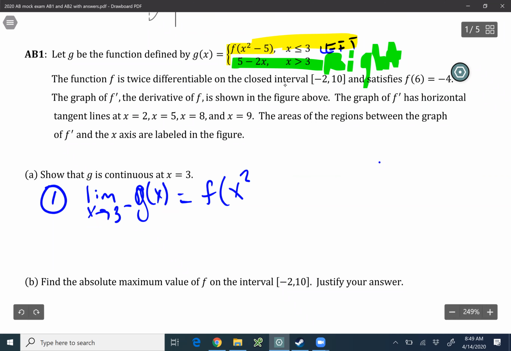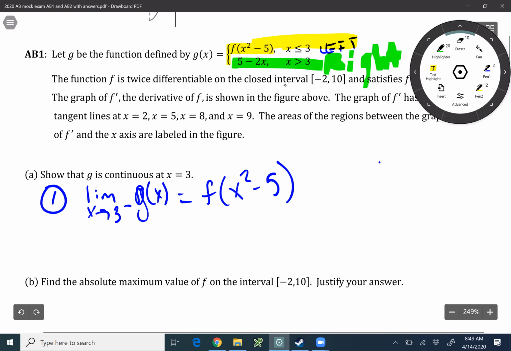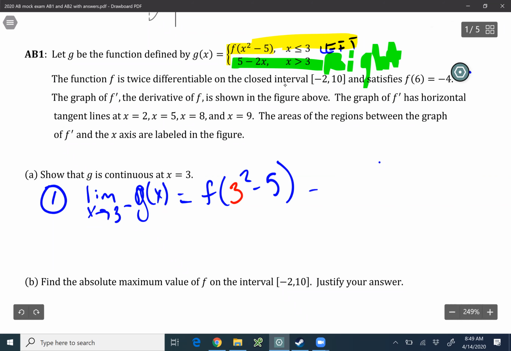So it's f of x squared minus 5, but because we're plugging in 3, that becomes f of 3 squared minus 5. Then that gives us f of 9 minus 5, so that gives us f of 4. And that's basically the answer right there, but we need to figure out what f of 4 is.